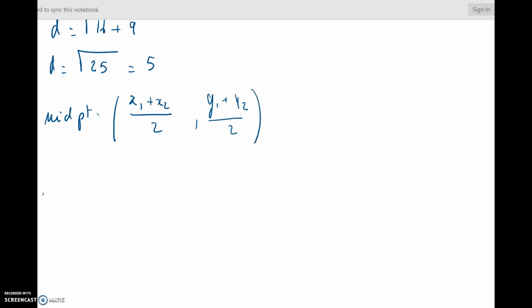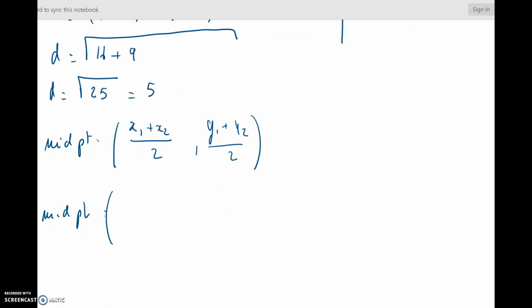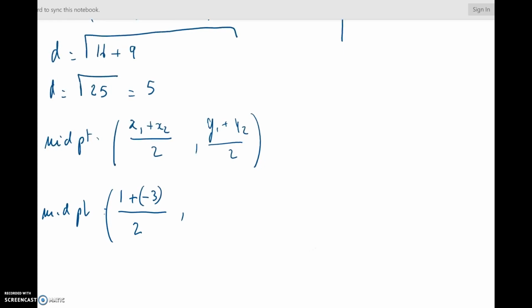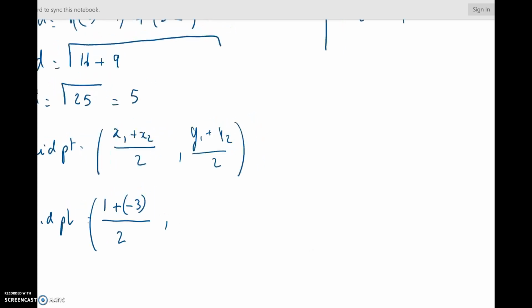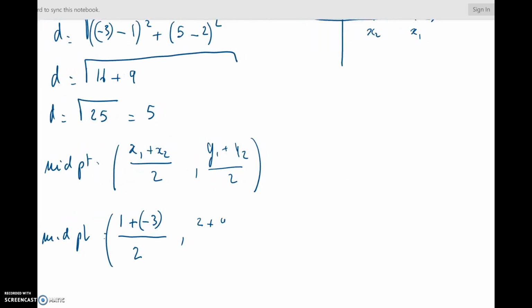So then you just need to say, okay, my midpoint is going to be x1, wait a minute. So x1 is 1, plus (-3). I like to use plus because it's easier to remember, so -3, divided by 2, and the other one is going to be 2 plus 5 divided by 2.